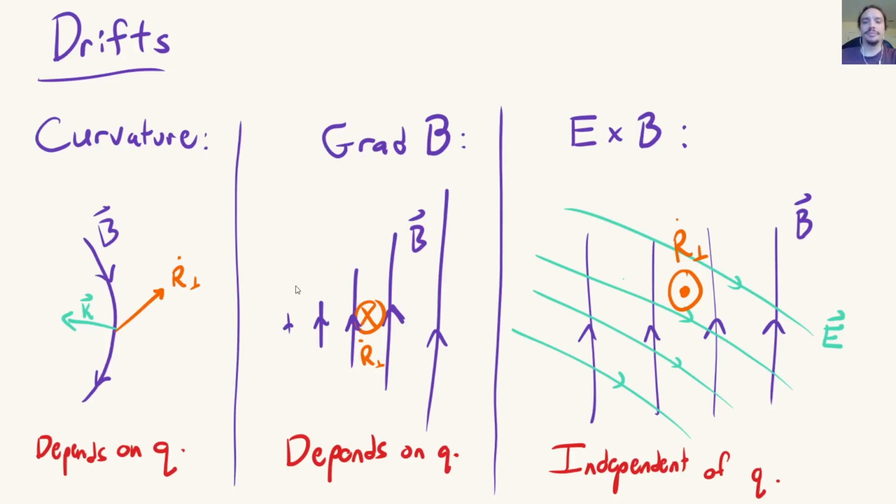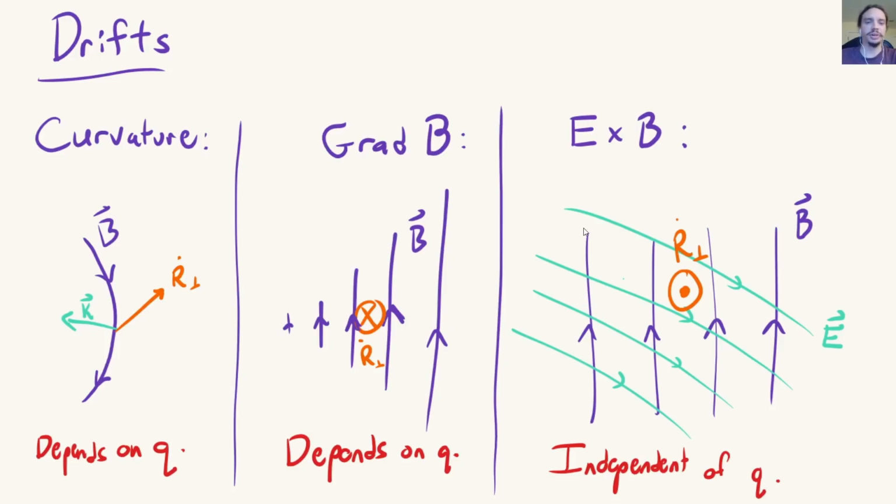Another drift is the grad B drift. This is when your magnetic field is increasing in strength as you go from left to right. Then, if the magnetic field is increasing in strength in one direction and it's pointing in another, the drift is going to be perpendicular to both of those directions once again. The ions are going to drift one way, and the electrons will drift the other way. And finally, we have the E cross B drift.